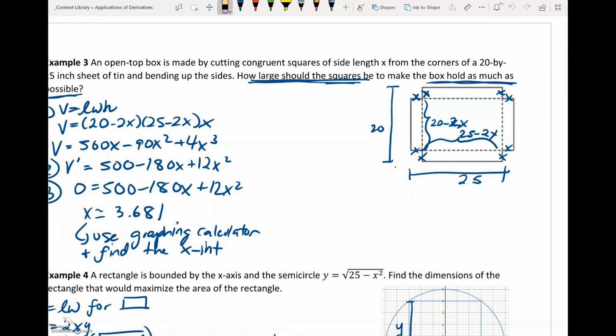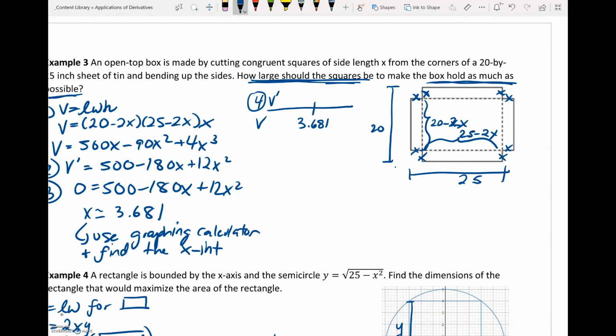Our next step is to use that critical point and create a sign diagram. We want to know when v prime is positive and negative so that we can confirm when our volume is at its maximum.